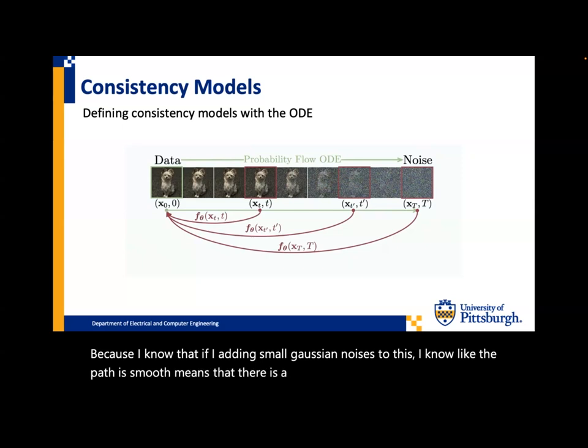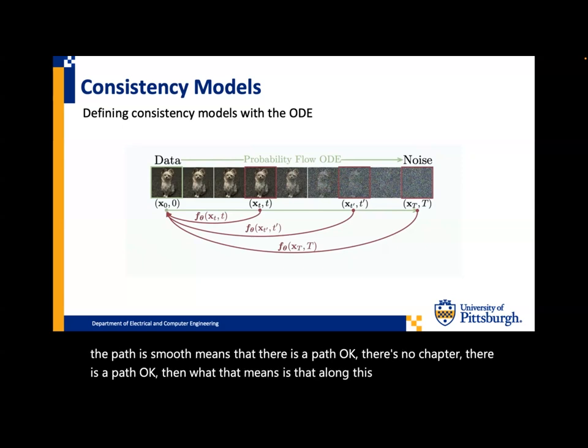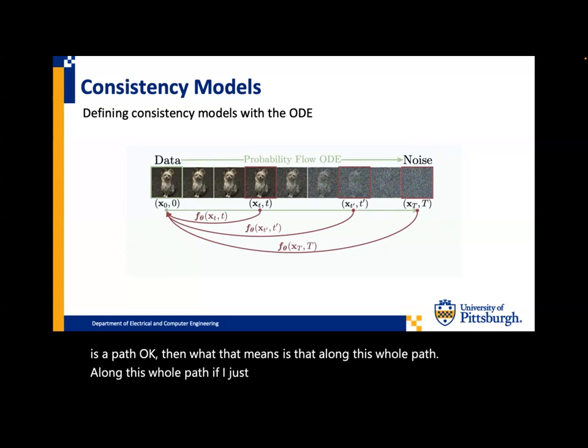Okay, there's no trap, there is a path. Then what that means is that along this whole path, if I just jump from any point of this path, they should all land on the original point.